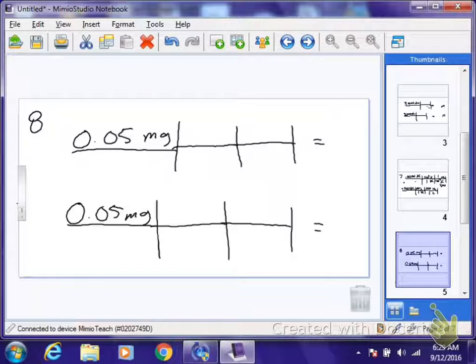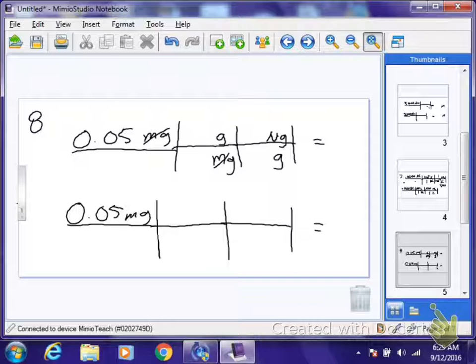So number 8, what I would do is go to the base unit, milligrams to grams, the first step. In the next step, I would put grams to divide out, since I've divided out milligrams. And then up above on that one, I would put micrograms. It's kind of like a U. Again, I don't do my U's very good, but that'd be microgram.